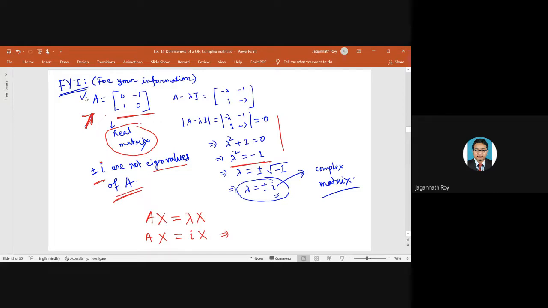So that is why we need to extend our knowledge and extend our field. With this notation, we have to proceed further and define what complex matrices are.